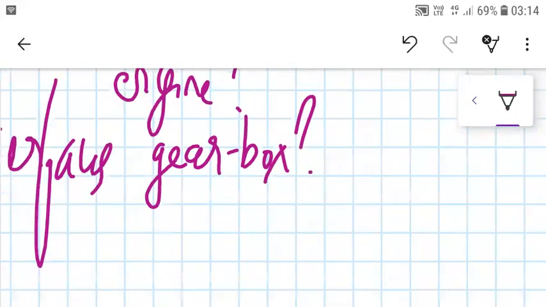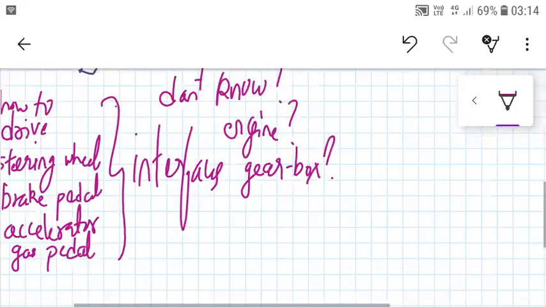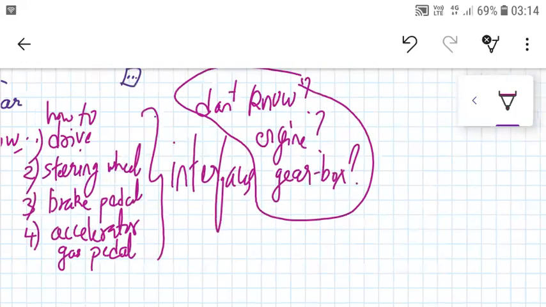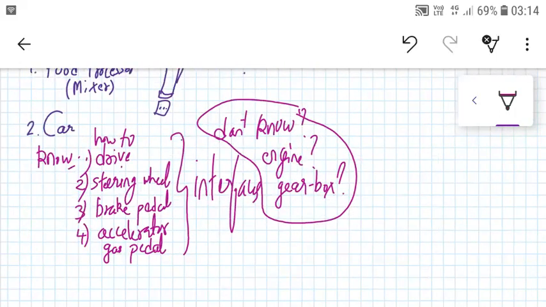Even in spite of not knowing these things, we are quite comfortable driving a car, without worrying how the engine works or how the gearbox ratio works. Still, we are comfortable driving this car, right?